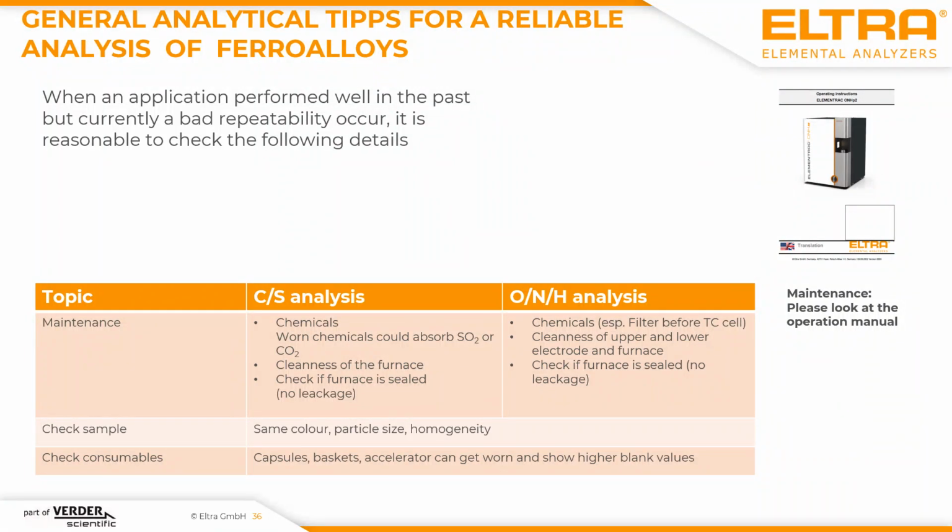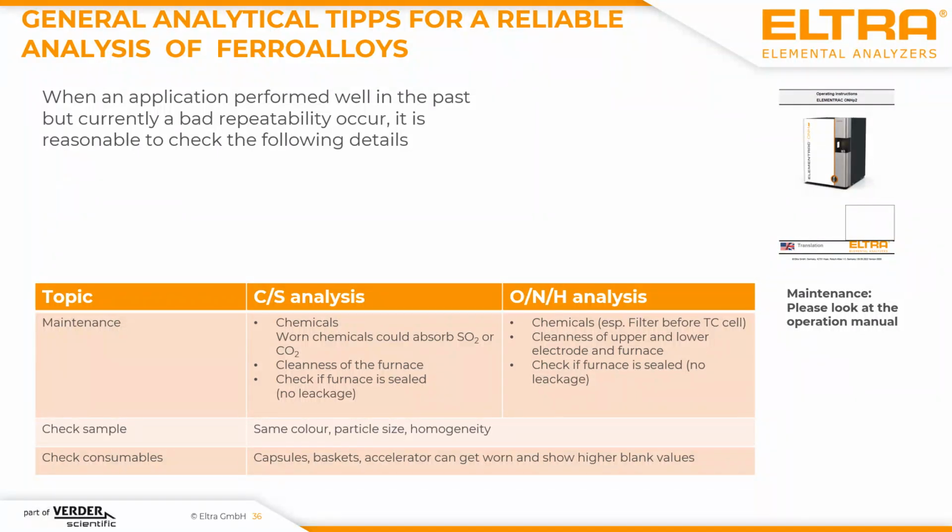The other bad thing is that you always have to evaluate the condition of consumables, which means baskets and accelerators, because they can get worn when they are stored wrongly. A good example is from another customer. The main guy who works with the CS analyzer was on holiday, and his partner, for example, had the tungsten placed in a special hood.